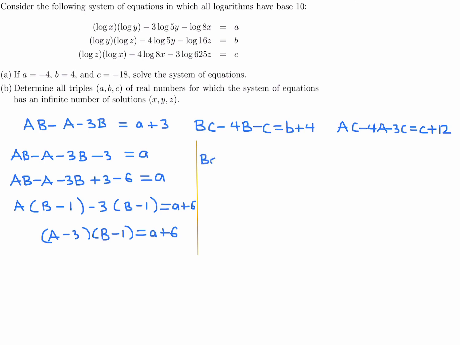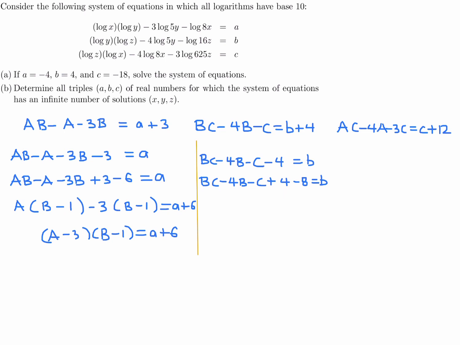So we got bc minus 4b minus c, and then minus 4 is equal to b. Again, I have to manipulate this ever so slightly to get a situation where I can factor. So instead of minus 4, I'm going to put plus 4 minus 8, which is essentially the same thing, but allows me to factor these.